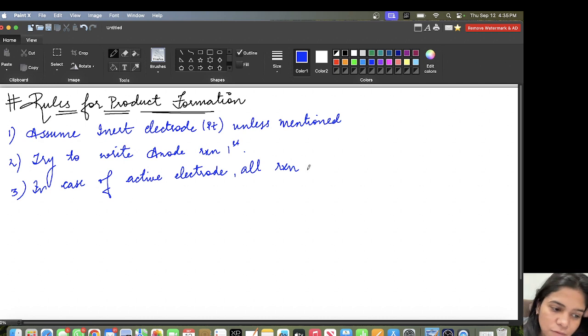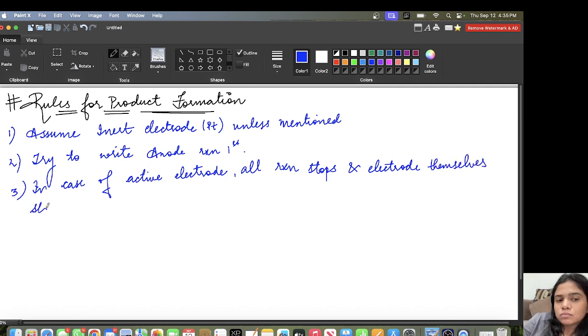All reaction will stop and the electrodes themselves start oxidizing and reducing.